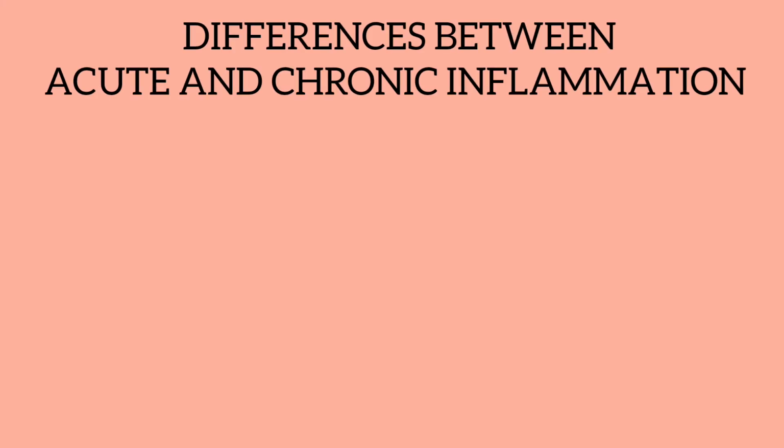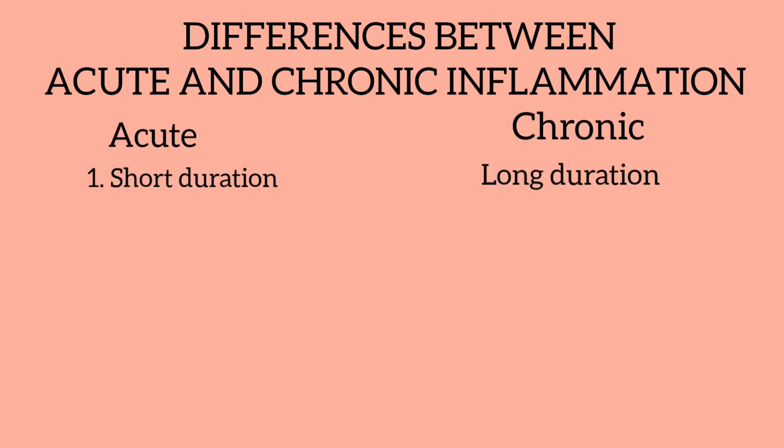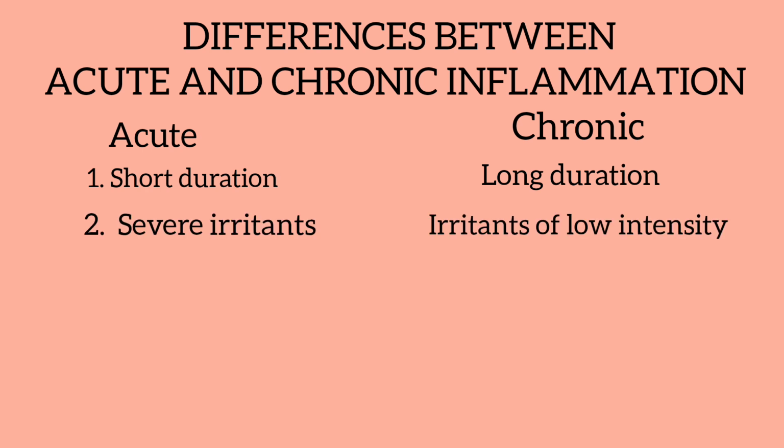So now let's talk about the difference between acute inflammation and chronic inflammation. The first one, acute inflammation is of a short duration, while chronic inflammation is of a long duration. Number two, acute inflammation is usually caused by irritants that are more severe, while chronic inflammation is caused by irritants of low intensity.